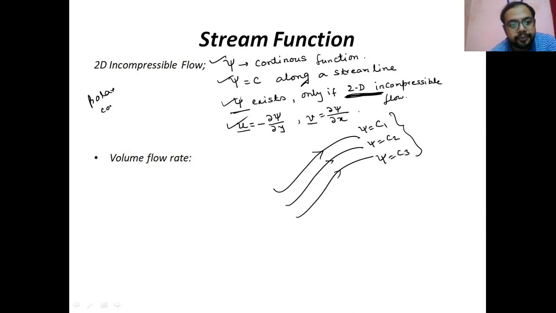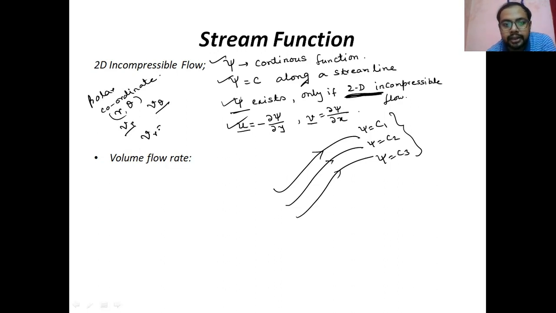If you consider cylindrical polar coordinates, r and theta, the same equation will come in a different manner. Along r the velocity is vr, and along theta the velocity is v theta.